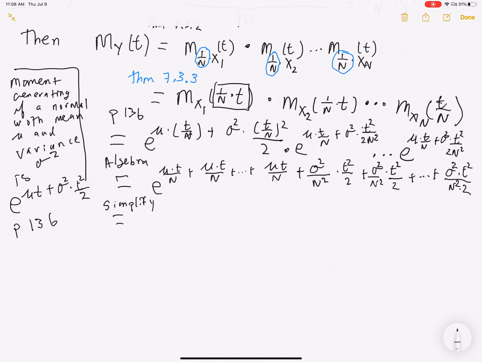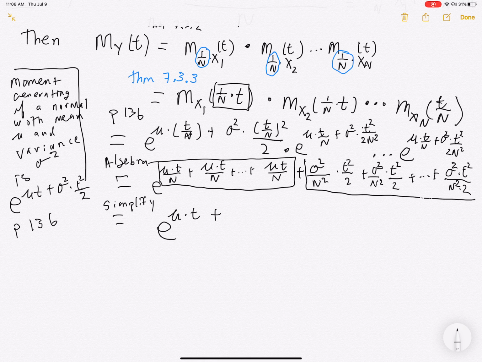And we're going to get from this piece right here, since we're adding n times, mu times t. From this piece right here, since we're adding the same thing n times, I'm going to get sigma squared over n times t squared over 2.